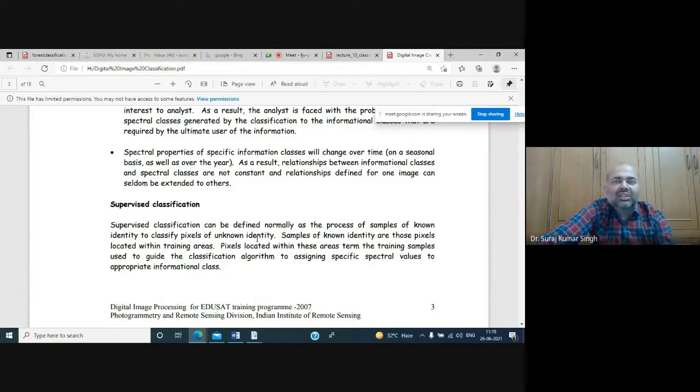Like in a standard false color composite, we know how the built-up looks, how the wasteland looks, how the forest looks, how the agriculture looks, how the river looks, how the glacier looks. That is known as prior knowledge of the area, and we'll use that prior knowledge to classify. We'll take some signatures, a sample, from each of the classes, and we'll use those to train the entire data set.